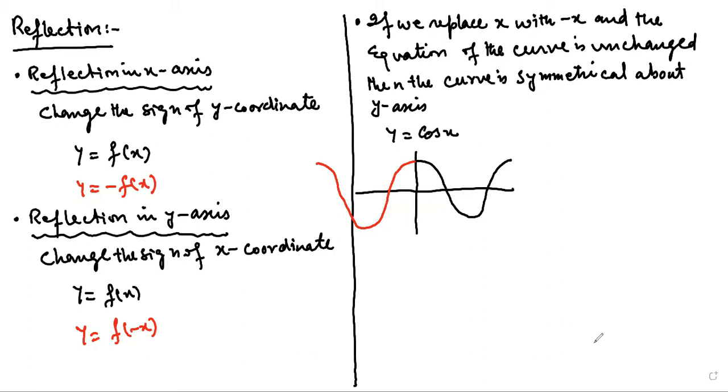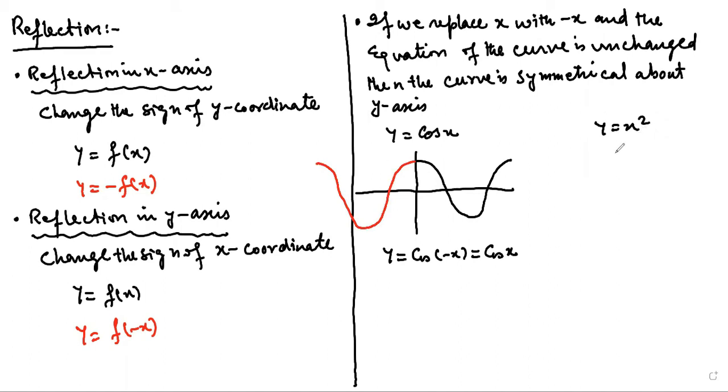Now, when I replace x with minus x, there is a rule of trigonometry that cos of minus x is equal to cos of x. If I replace x with minus x in cos of x, the equation of the curve is unchanged and the curve is symmetrical about y-axis.